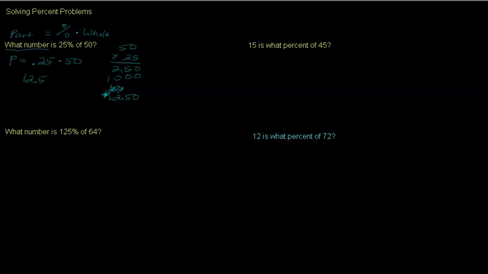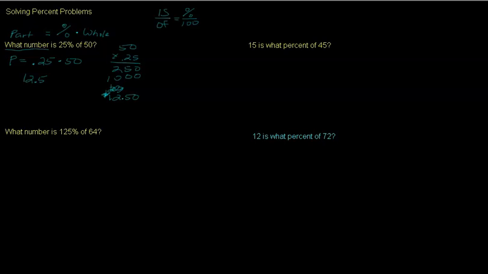Now, another way to solve percent problems is using a proportion. So we go is over of equals the percent over 100. In this case, you don't have to convert the percent into a decimal.